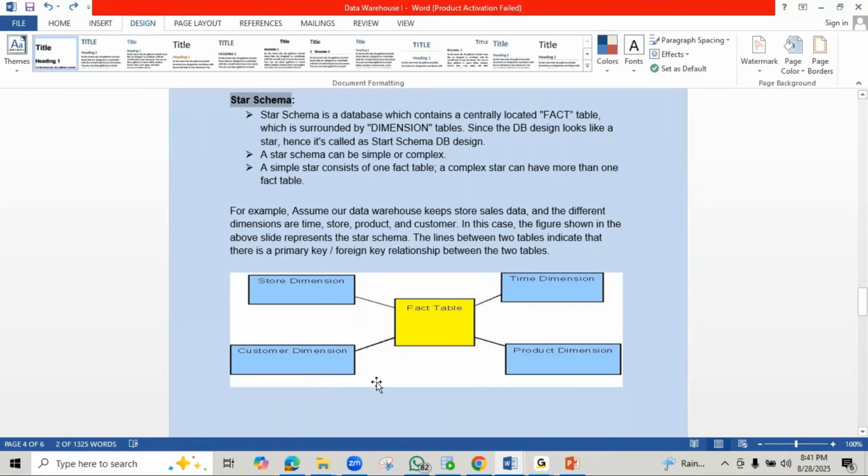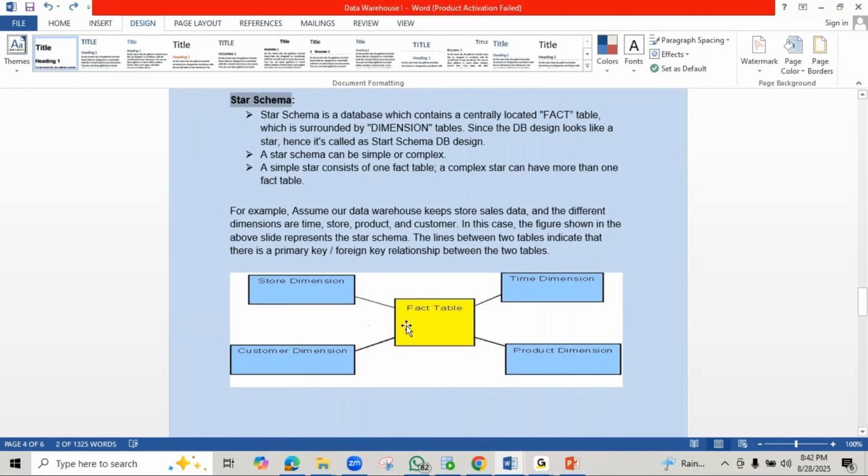Again, I will do a small recap. A star schema will have one centrally located fact table, which will be surrounded by multiple dimension tables, and all dimension tables will be attached to the fact table. The arrow line indicates that there is a relation between fact table and dimension table. If there is no arrow line, it means there is no relation between them.